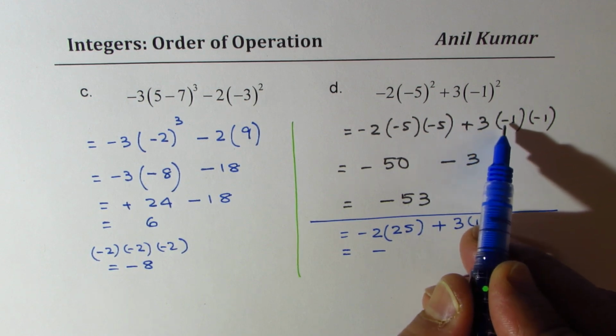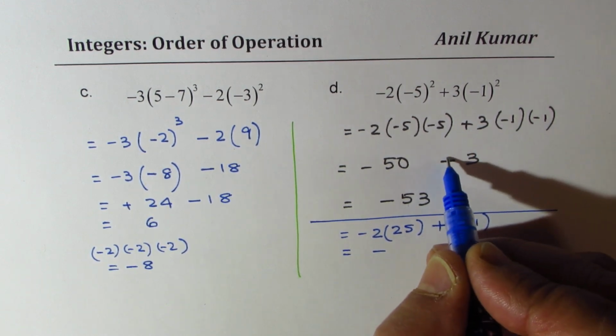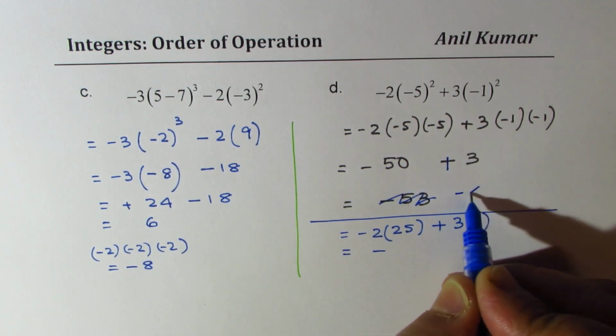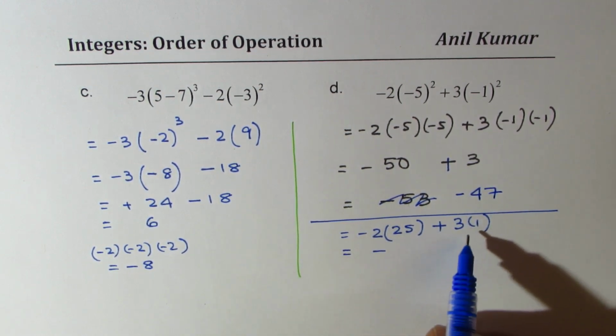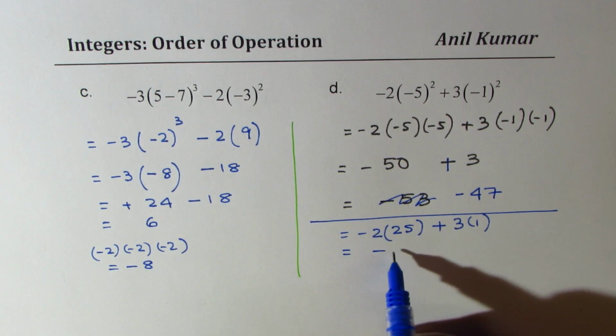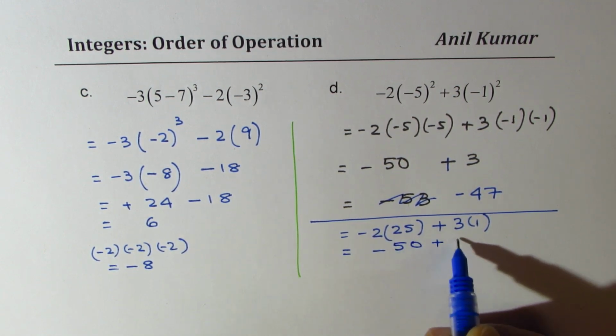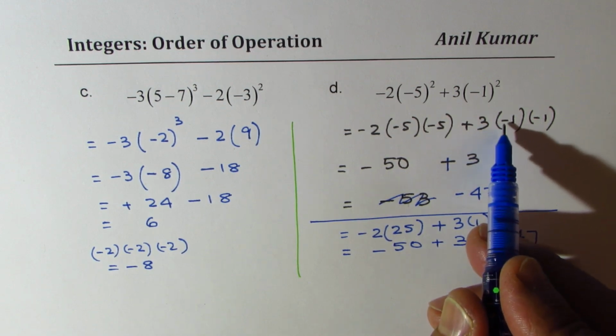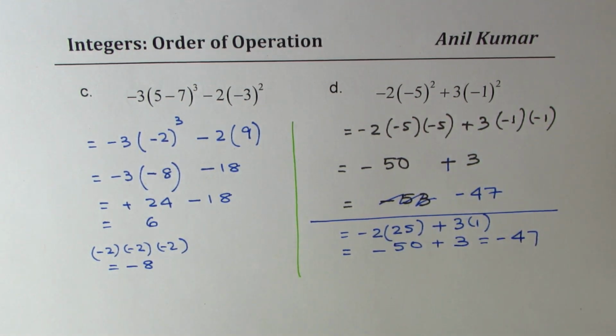I'm sorry, we made a mistake here. Minus minus is positive. This should have been positive, right? And so we get minus 47. Now this is what we should get. So minus 50 plus 3, which is minus 47, right? So negative times negative is positive 3. So we get negative 47, correct?